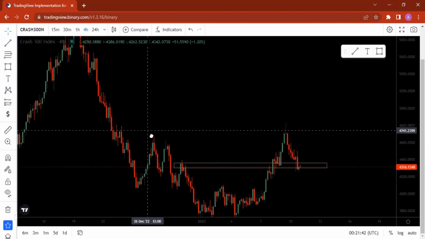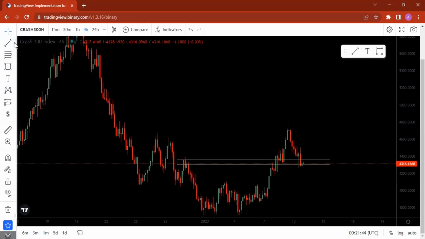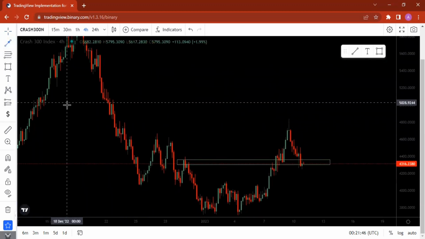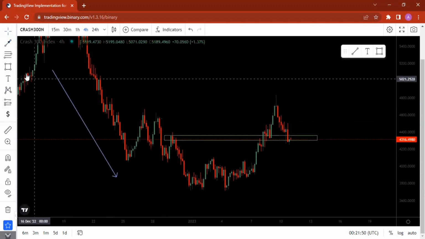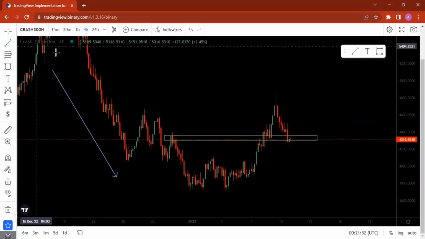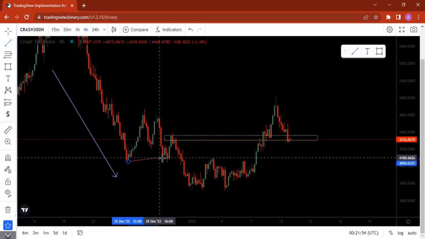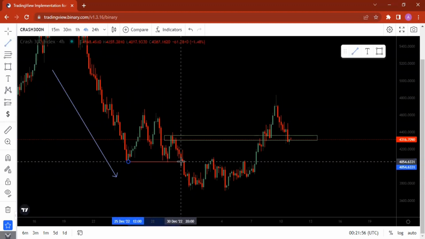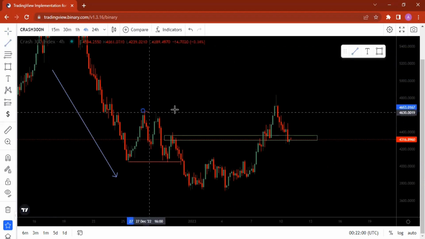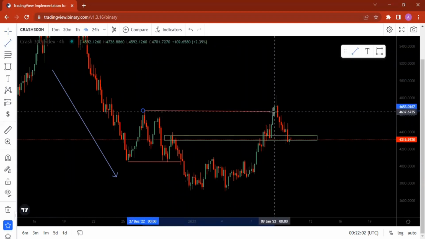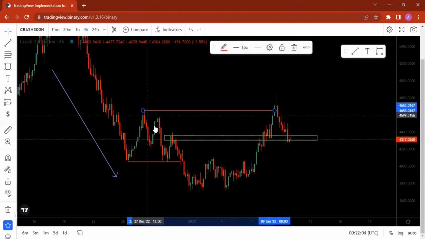Now, we actually came from a downtrend. We came from a downtrend this way, and then we have price moving like this. We have price taking out this low, confirming the downtrend, and then we also have this high. Now this is the previous high.